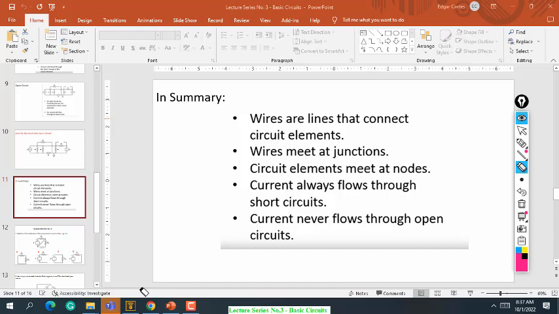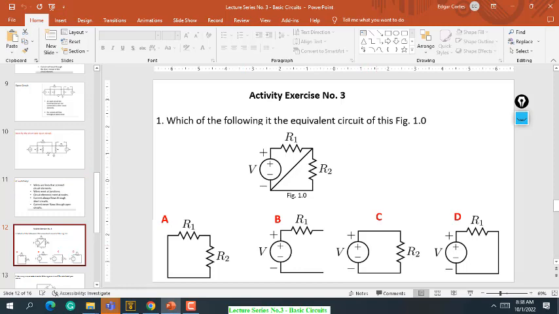Wala, class? Before we move on to our next activity. Wala? So, if none, I guess everybody understands, no? Okay, so let's go to your next activity, class.